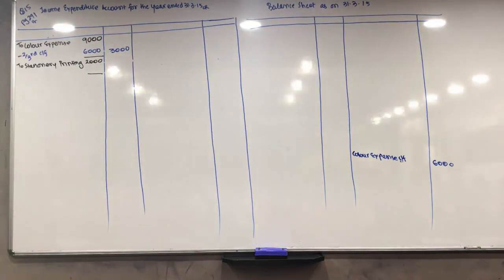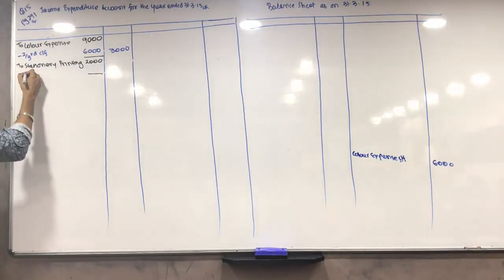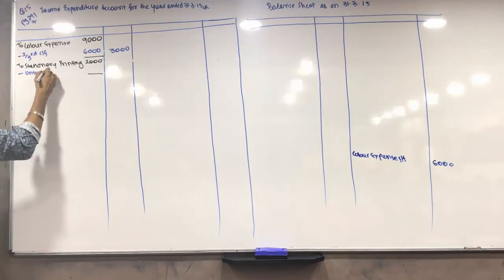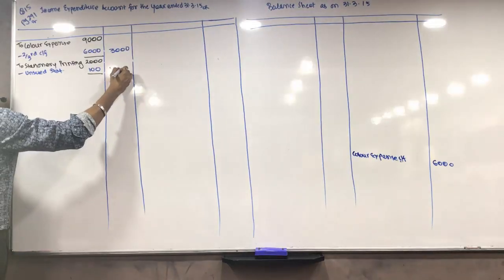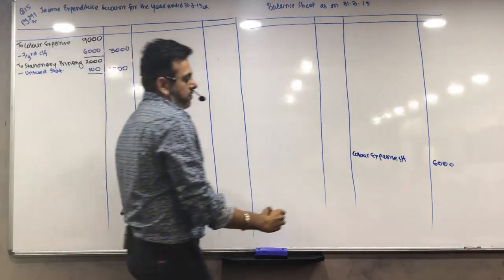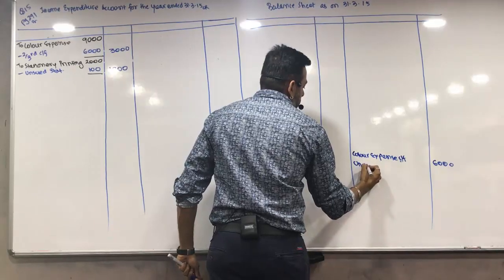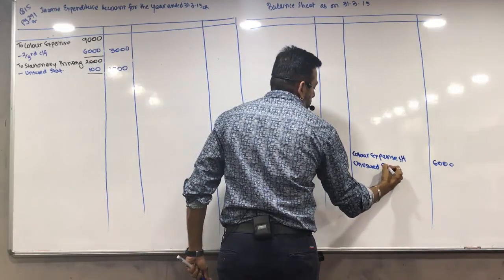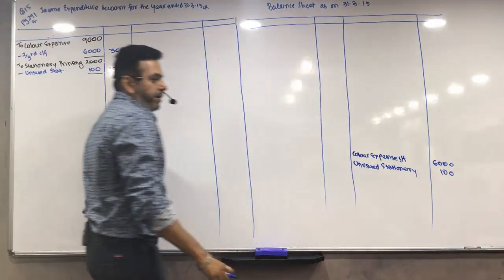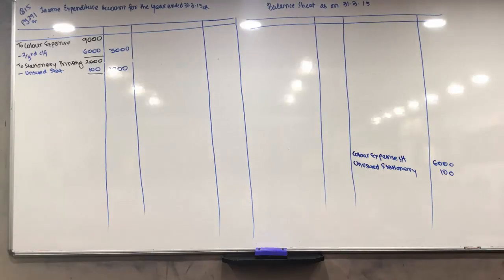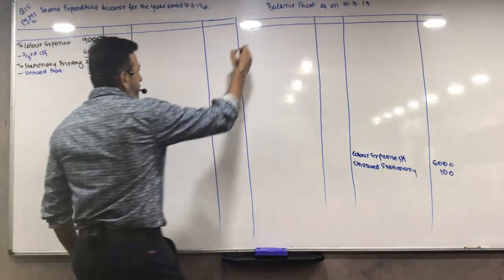The adjustment is unused stationery of 100. So minus unused. We can say it's the closing stock. So unused stationery 100. Second effect, balance sheet asset. Capital fund, opening balance 36,000.